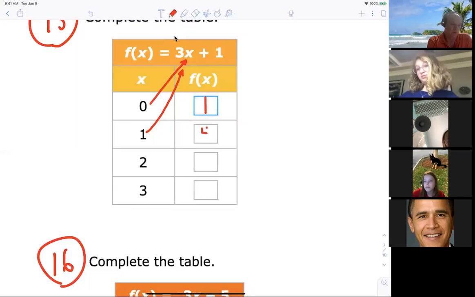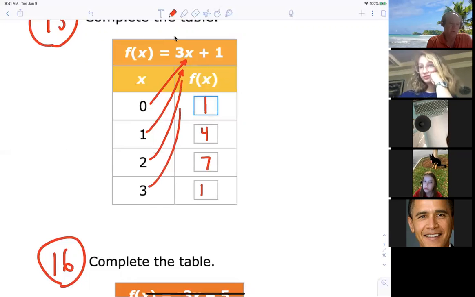The next one is 7. Good, because you're plugging in 2. 3 times 2 plus 1 is 7. And plug in 3. 3 times 3 is 9, plus 1, 10. All right, guys, everybody agree? That's not hard. Using a table.